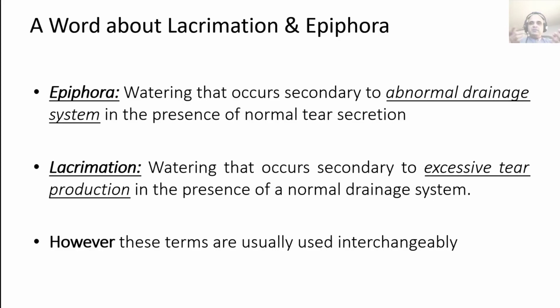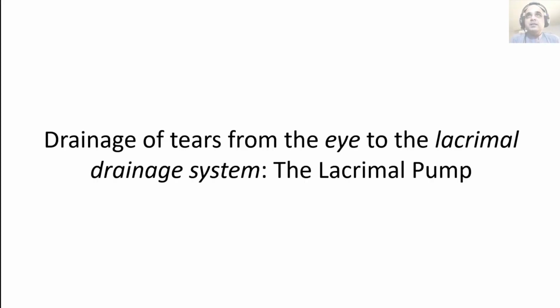So many times people talk about lacrimation, and it could be because of an abnormal drainage system. Many times people say epiphora, and it could be because of excessive tear production. The technical definitions are here, but do remember that at times and in places, they would be used interchangeably. So don't get confused.